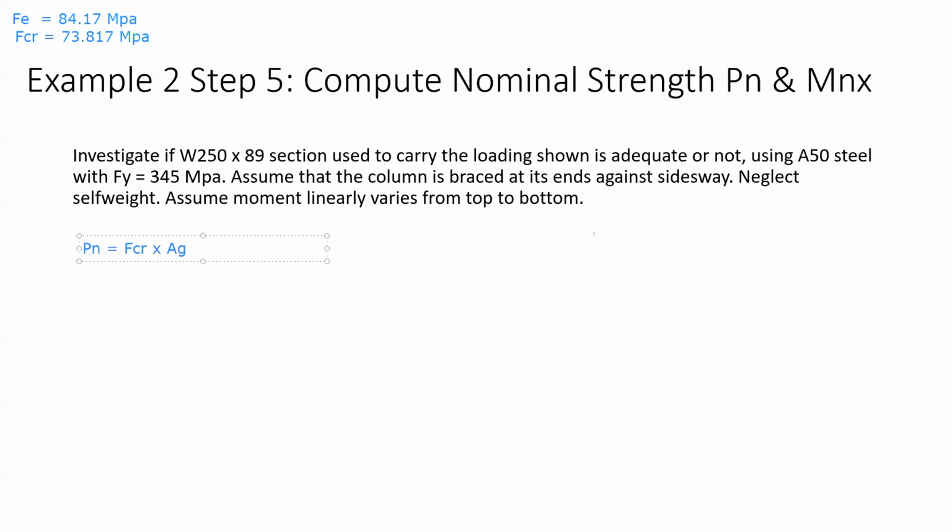Is Ag given? Yes, because that is a property of the steel section. So Pn is 73.817 times Ag. Our Ag is 11,400. So what is the value of our Pn?